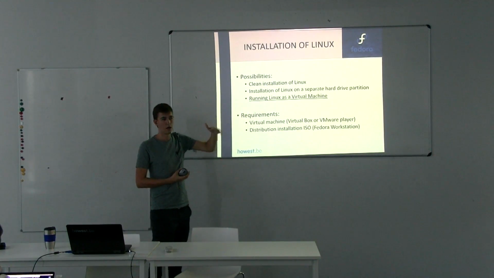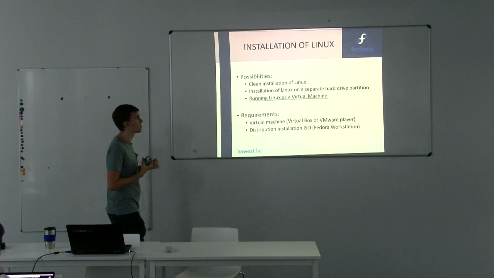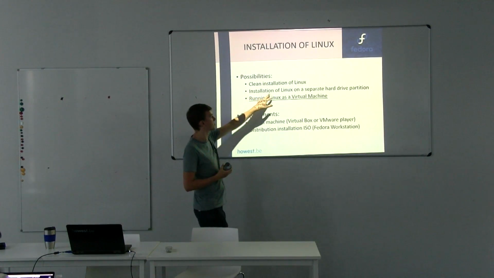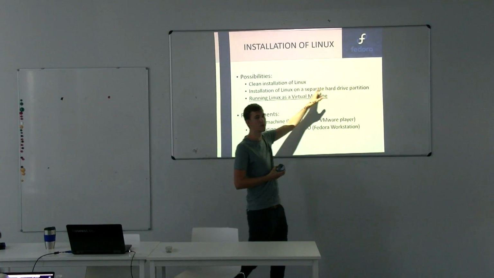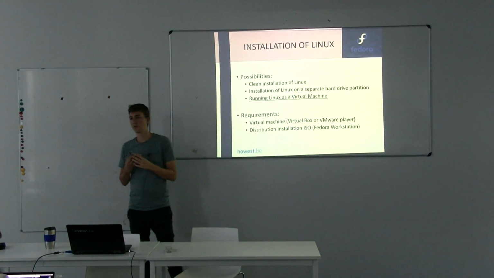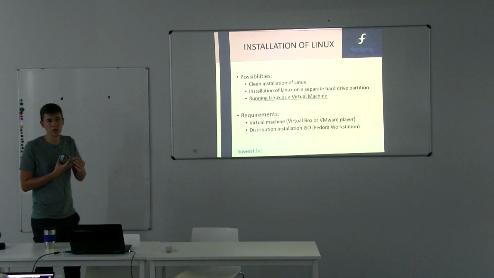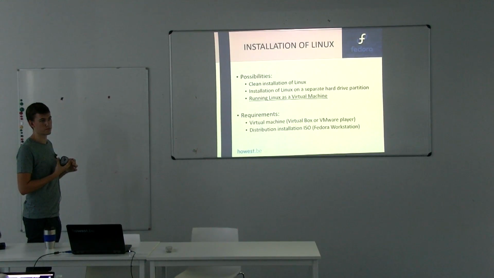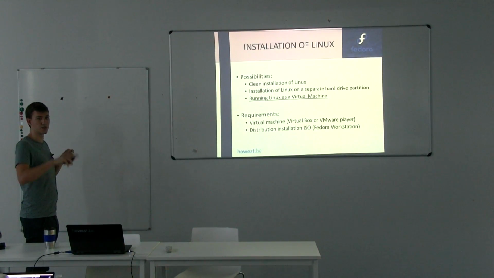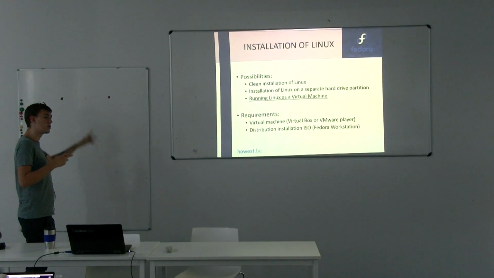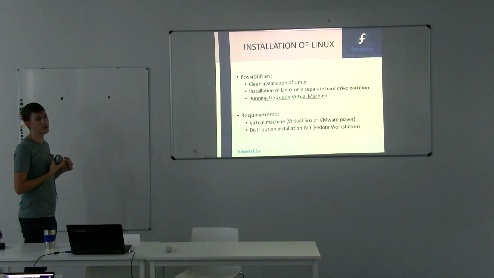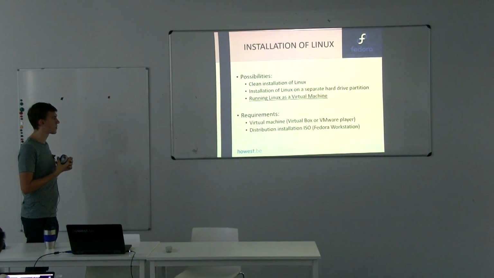There are some guidelines on the course site that explain how to perform this installation, and you should have a look at this possibility to install Linux via dual boot, so that you can boot into Windows, Mac or Linux when starting up your computer. Just have a look at that.